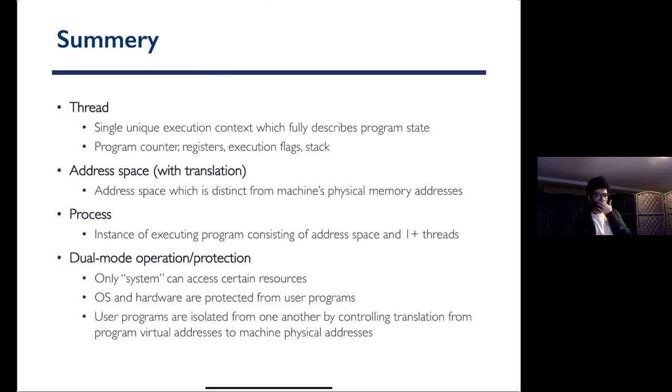Okay, so in summary, in the past few lectures, we looked at 4 OS concepts: the thread, address space, process, and dual mode operation. And in the next series of lectures, in fact, we're going to look at implementing threads and processes in an operating system.